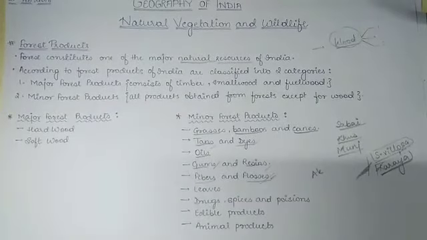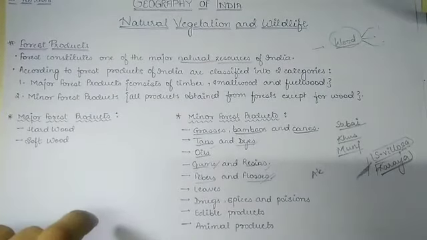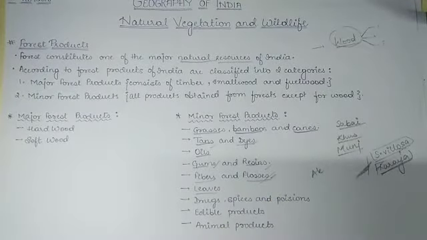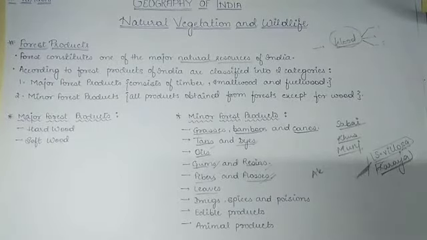The next important product that we get from forest is leaves. There are various types of leaves obtained from the trees and plants in the forest, and these leaves are used for many different purposes. We have many leaves, but the most important leaf is tendu leaves, which is used as a wrapper for bidis.